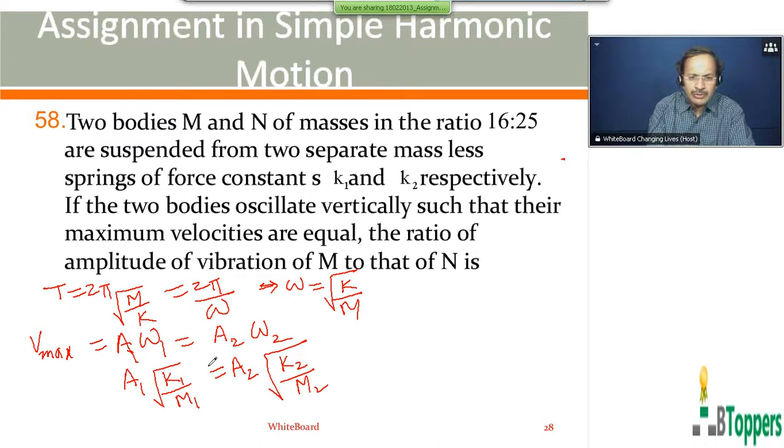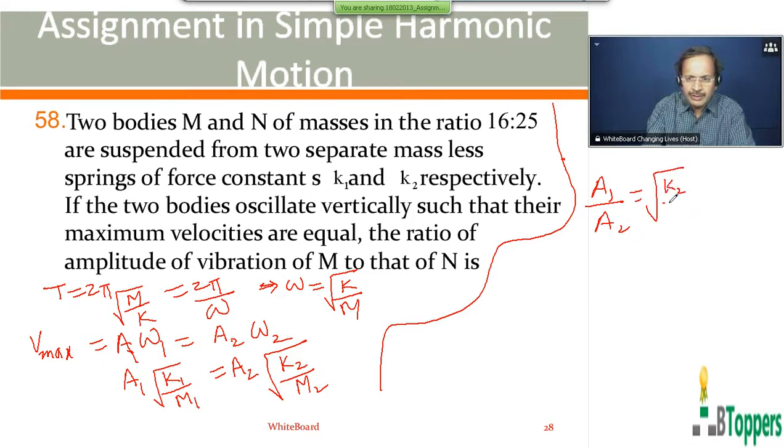Here K1 and K2 are the force constants of the two springs from which the two masses M1 and M2 are suspended. So you get A1 by A2 is equal to root of K2 by K1 into root of M1 by M2.